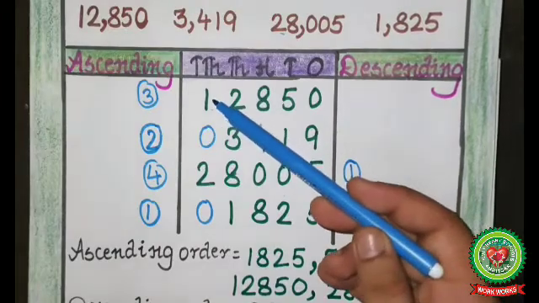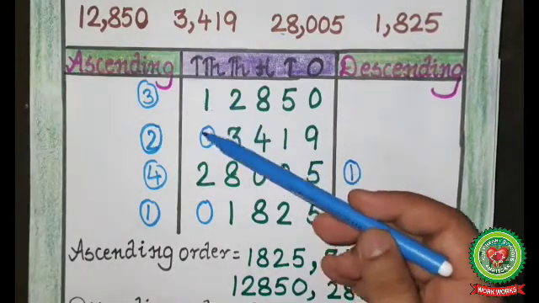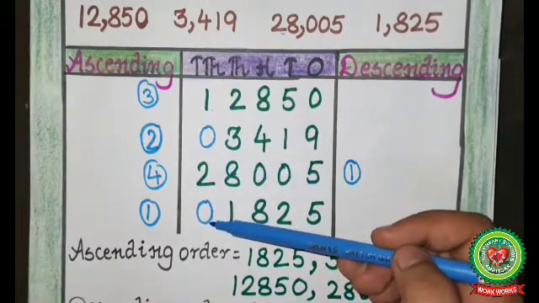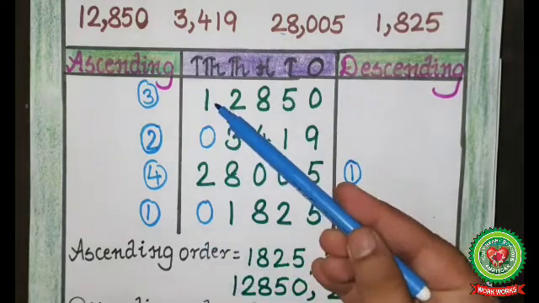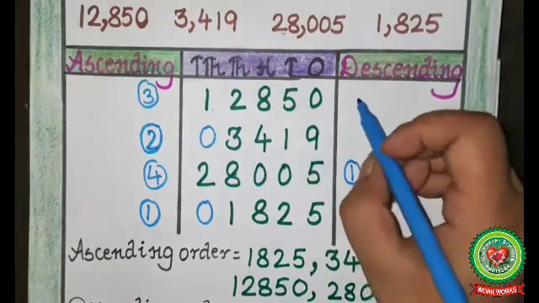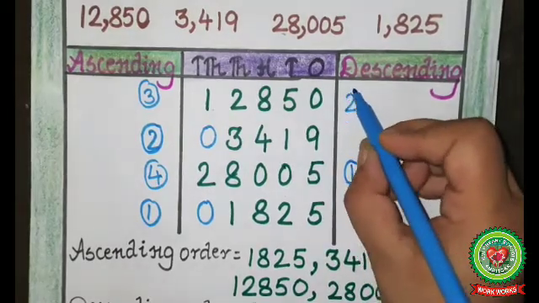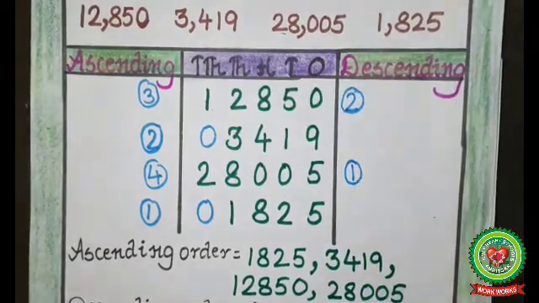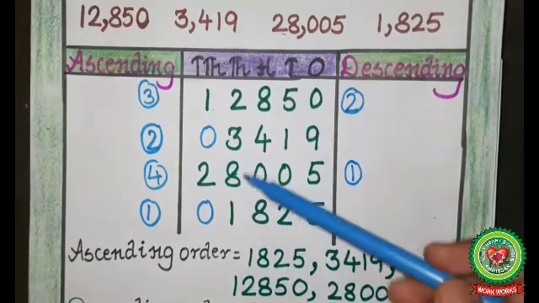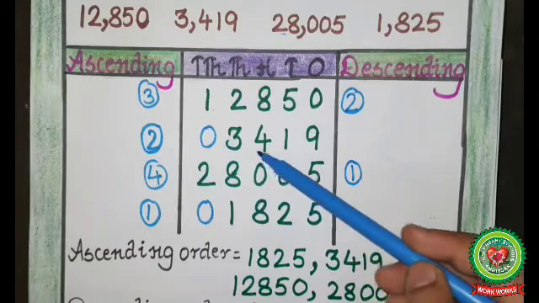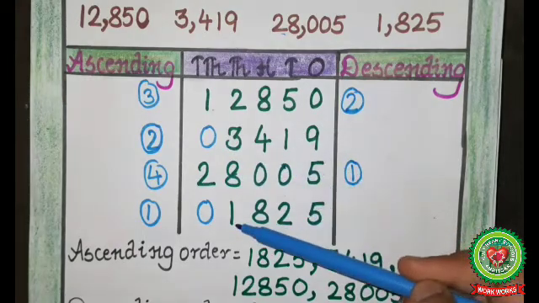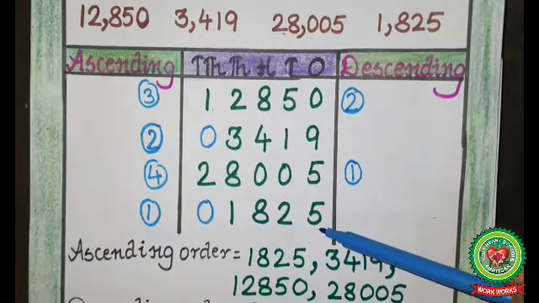Now compare the next three numbers. 1, 0, 0. Which is greatest? Yes, 1. So this is number 2. Now compare the left out numbers that are 3419 and 1825.